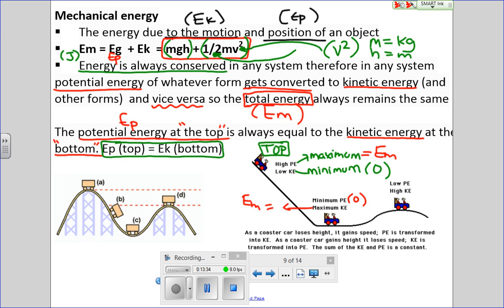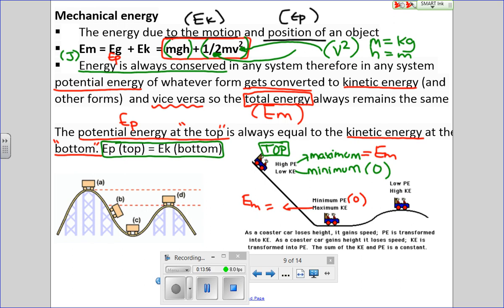So what we're trying to illustrate is that the total amount is always going to be the same. Mechanical energy shouldn't change as an object is moving. The amount of it that's potential and the amount of it that's kinetic, the proportion will change, but the total will always be the same number.